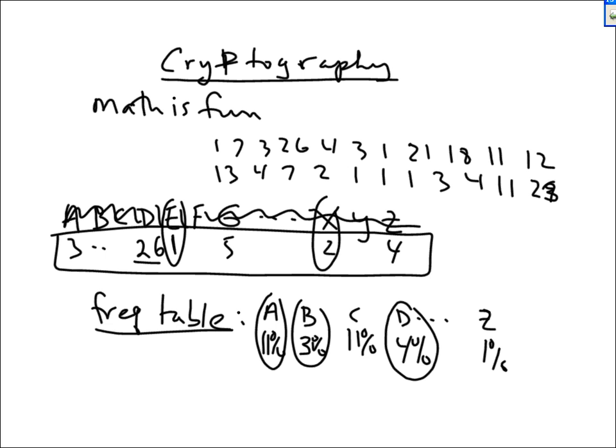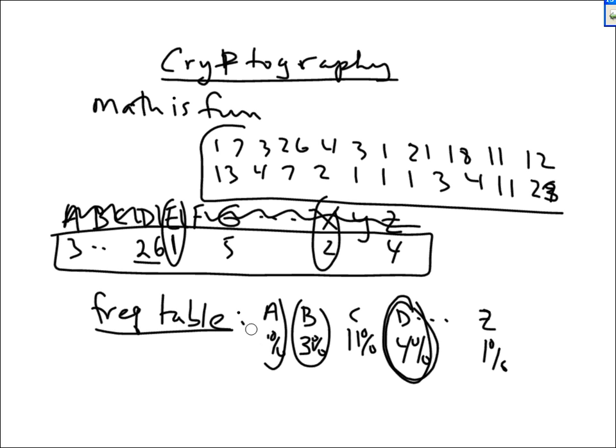They have 3 pages of these numbers. And they noticed that the number 26 came up 4% of the time. So they conclude that 26 is D.